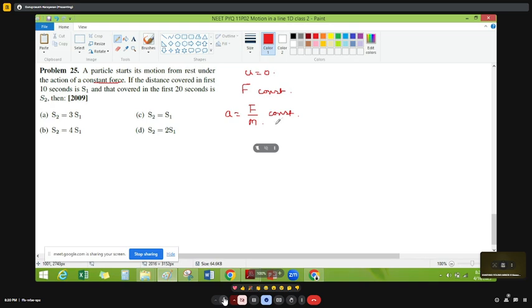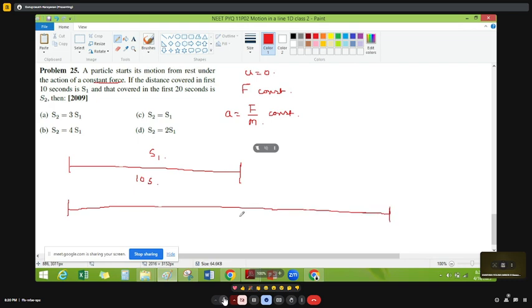So if the distance covered in the first 10 seconds is S1 and that covered in the first 20 seconds is S2, then they're asking to find the relationship between this and this.